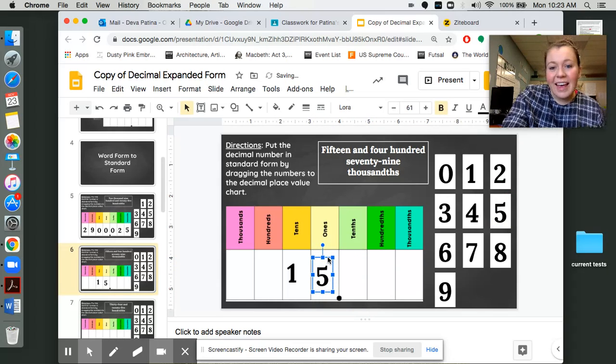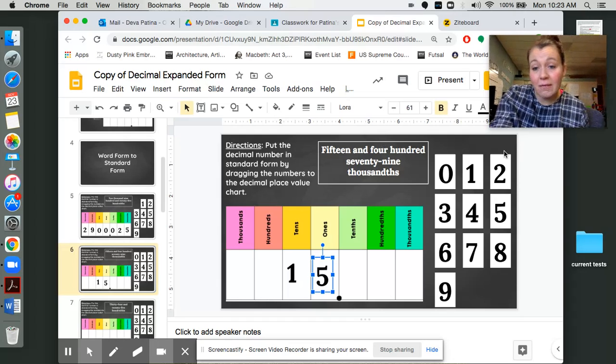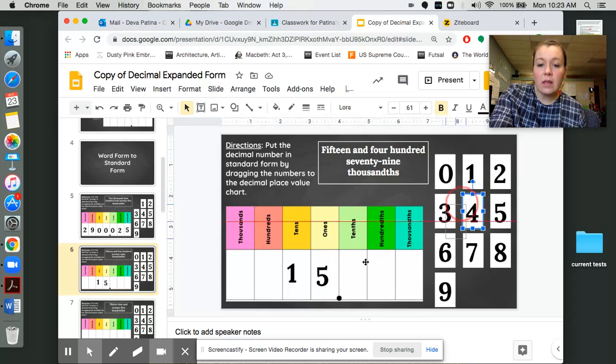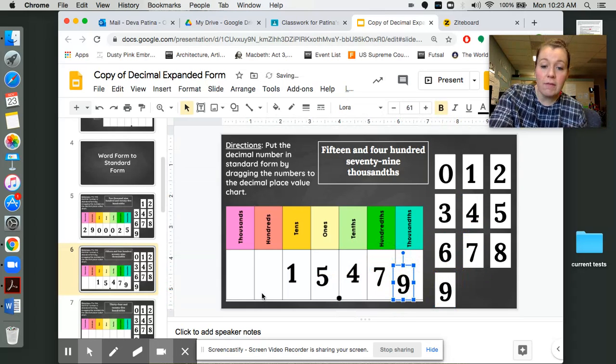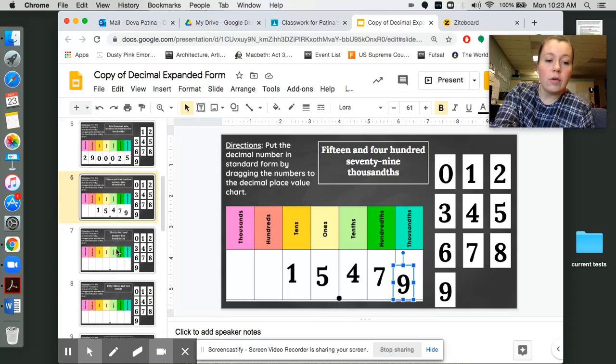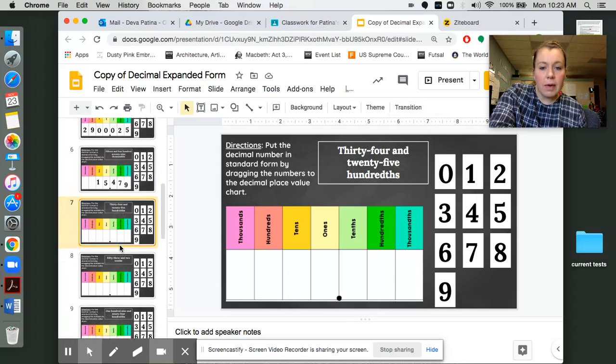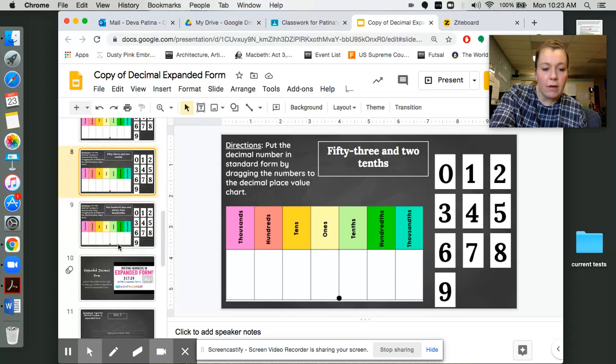As far as 479 thousandths, I know I'm going to have the number 479. So what that means is I actually have a 4 in the tens place, a 7 in the hundreds place, and a 9 in the thousands place. So you would read this as 15, and that's where we say the decimal, 479 thousandths. So your responsibility is to do the rest of these by yourself, changing them.